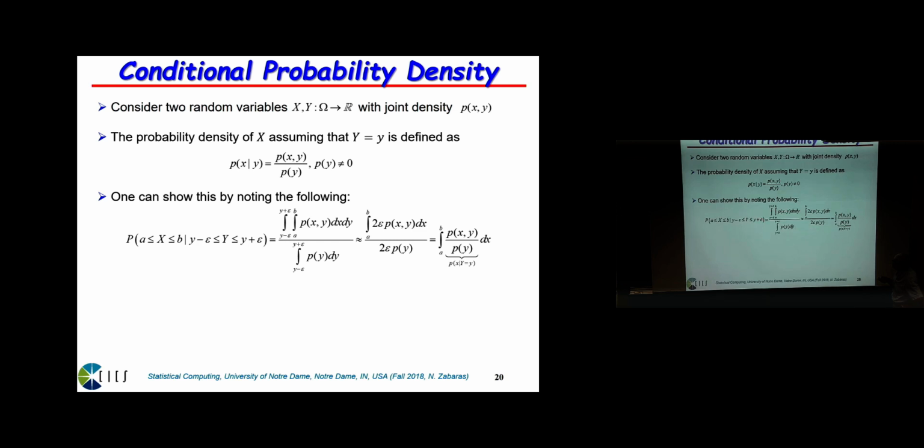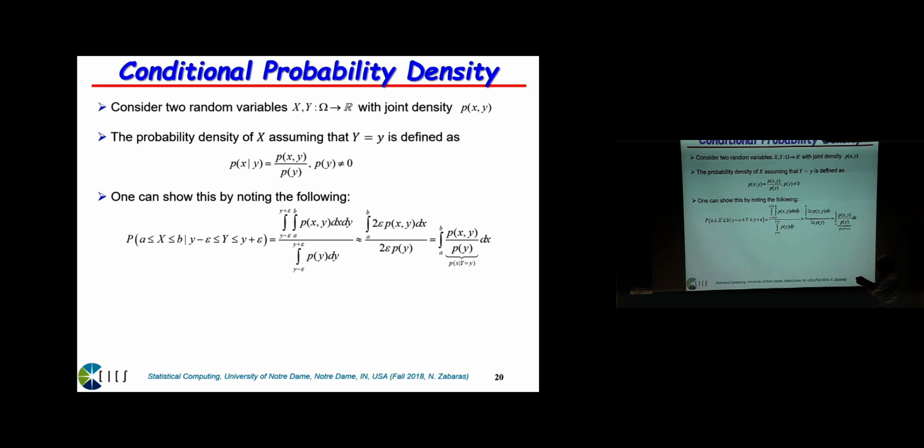This here is by the definition of the conditional probability for events, right? You remember the definition: here I have to put the joint, and here I have to put the probability of the Y event. So for the joint, I use the definition of the joint density to represent that. The integration for X is going to be from A to B. For Y it is going to be from Y minus epsilon to Y plus epsilon. And similarly, I have this in the denominator.